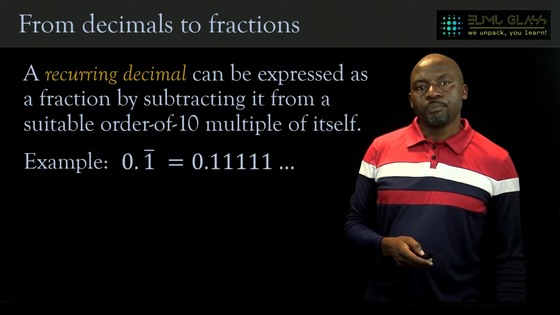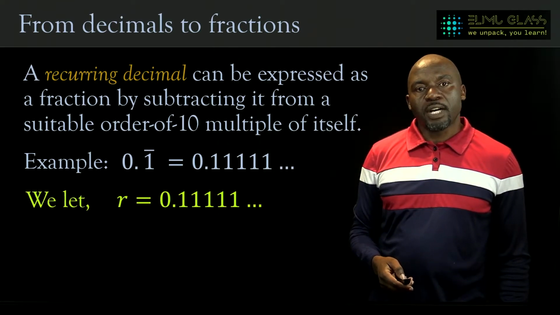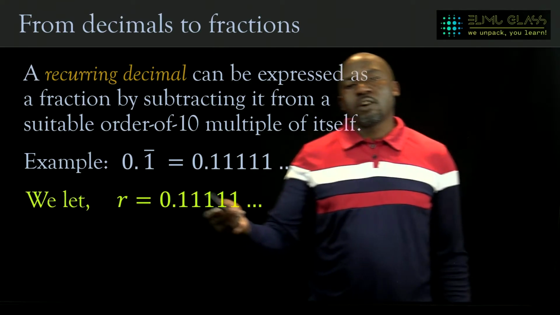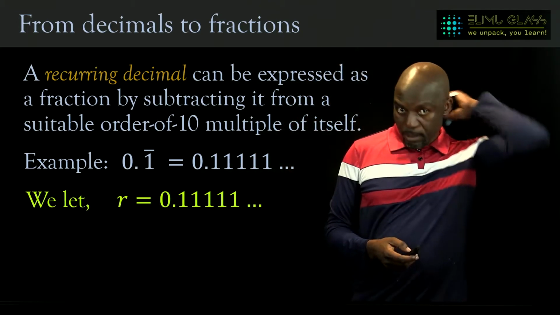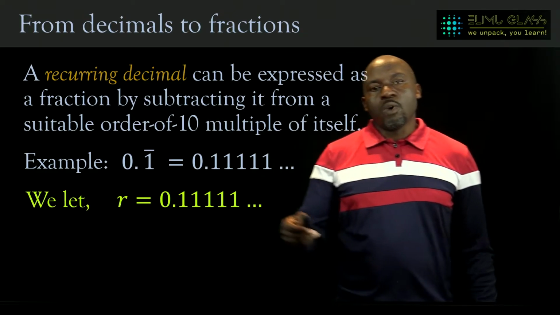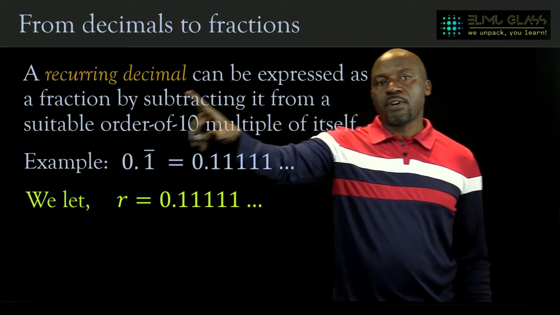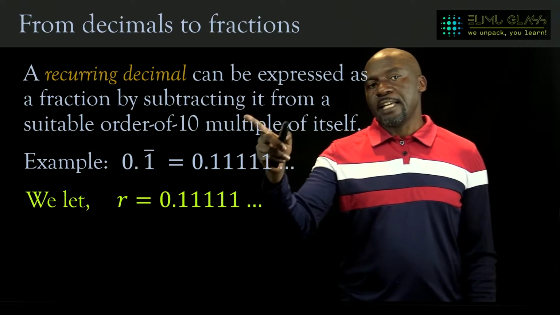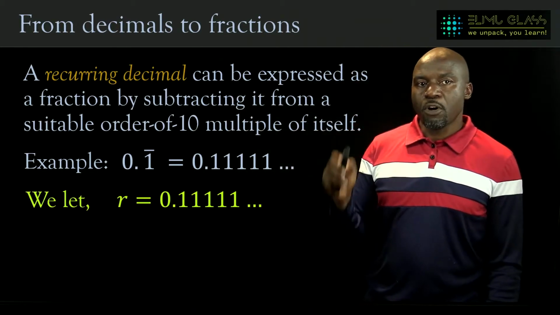To do so, let the recurring decimal be represented by the letter R, R for recurring. The next thing is we want to multiply by 10. A recurring decimal can be expressed as a fraction by subtracting it from a suitable order of 10 multiple of itself.